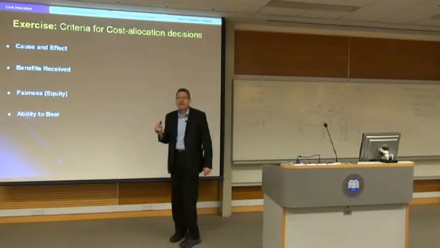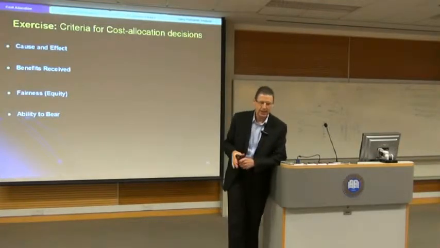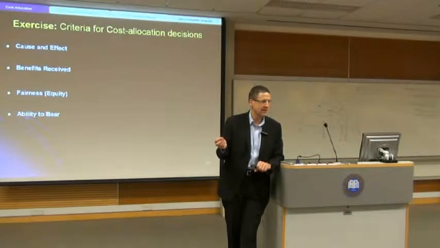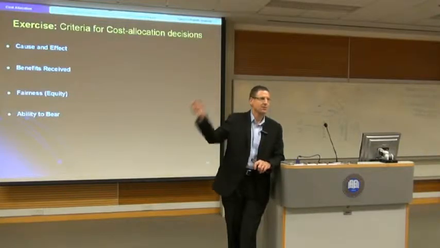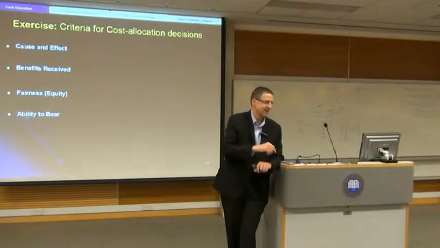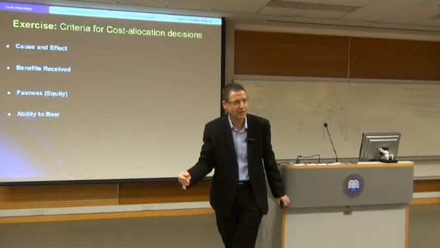Cause and effect is your pure argument, the scientific evidence that something causes something else to happen. The moon comes up, it changes the tides. There's cause and effect. It is not necessarily human.